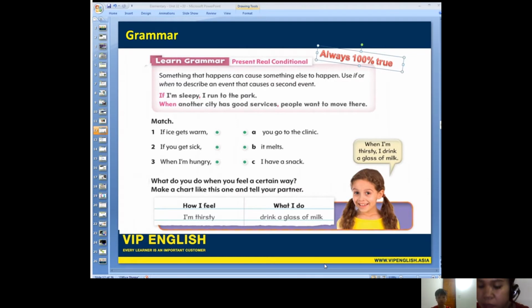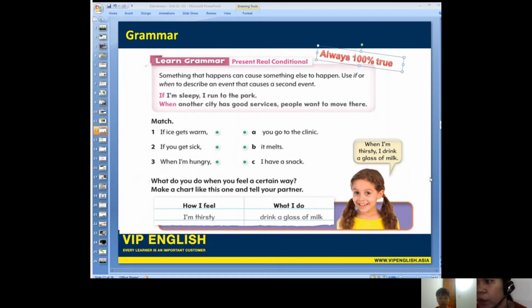Real events or scientific facts. Something that is 100% true.